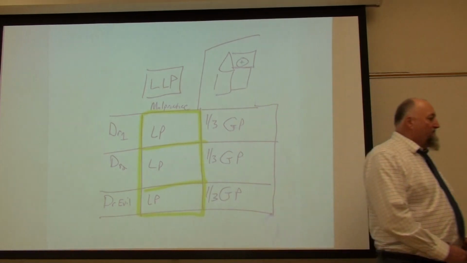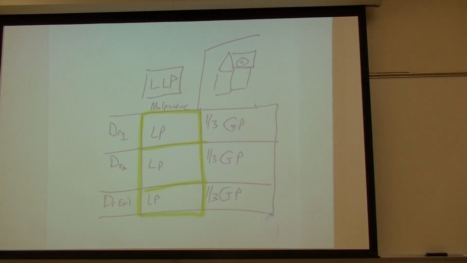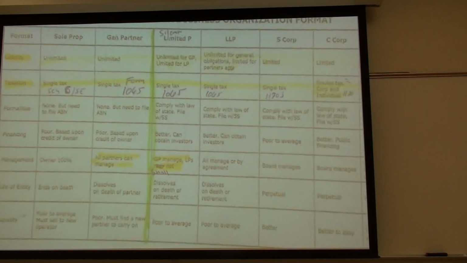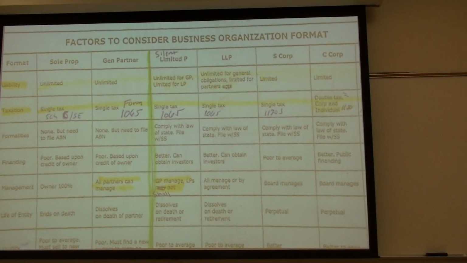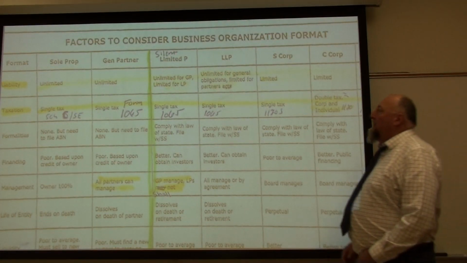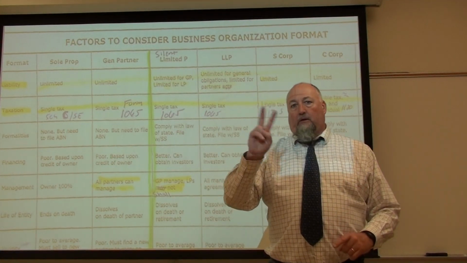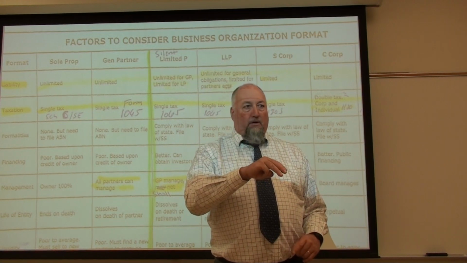Now, back to my chart. Notice something. Which type of partnership? There are three: general partnership, limited partnership, limited liability partnership.